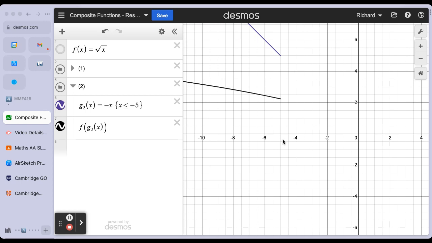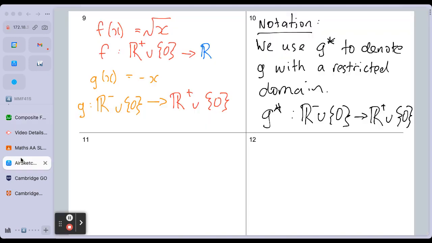And the reason why it works is because X less than or equal to -5 is a smaller set of numbers than X less than or equal to 0. So in other words, the range, if I said real numbers, X less than or equal to -5, will still give me an output, which is not all real numbers, including 0, but nearly all of them.